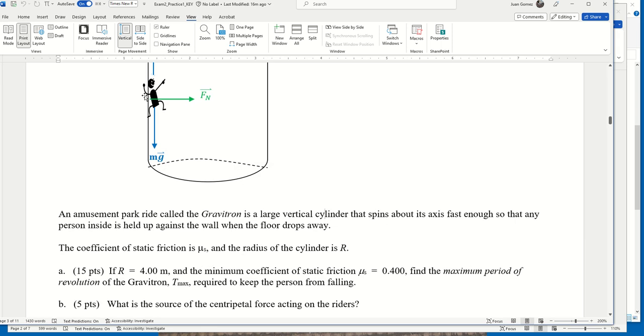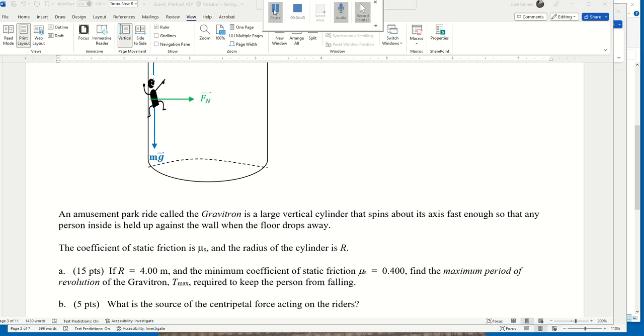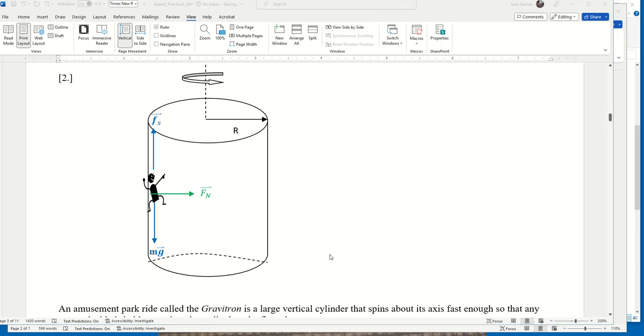You can see it's clearly perpendicular to the wall of the Gravitron. It is the force of the wall of the Gravitron pushing on the person, clearly making a 90-degree angle with the wall.